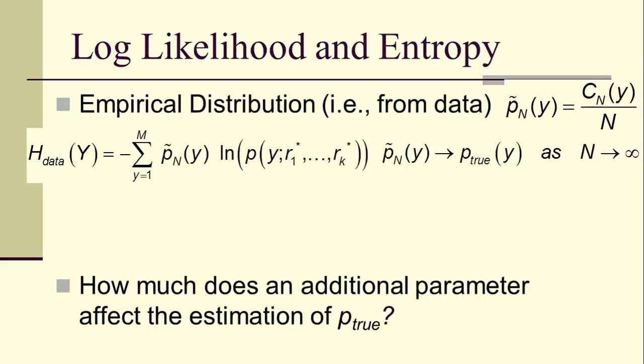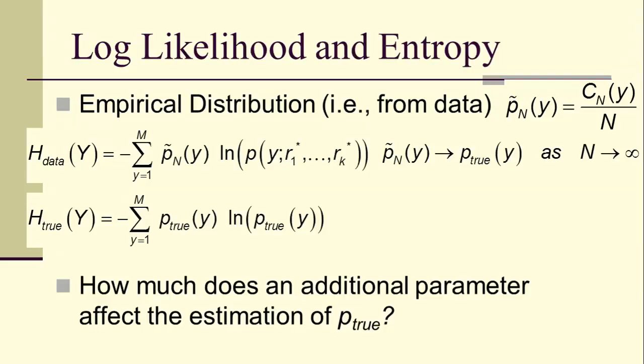And recall that p sub n of y goes to the true distribution as n goes to infinity. And so therefore the entropy of the true distribution, which we don't know, it's what's producing the data out in the real world somewhere, is just the negative sum of the probability times the log of the probability.